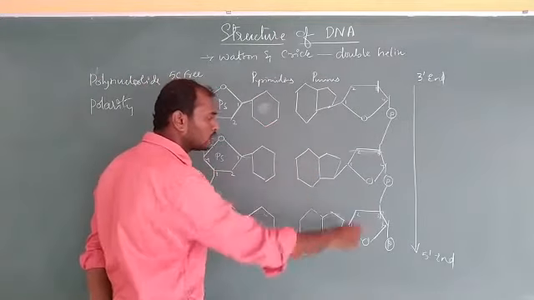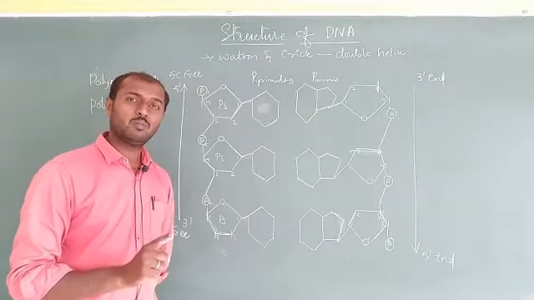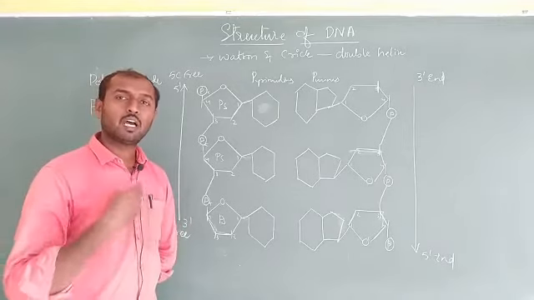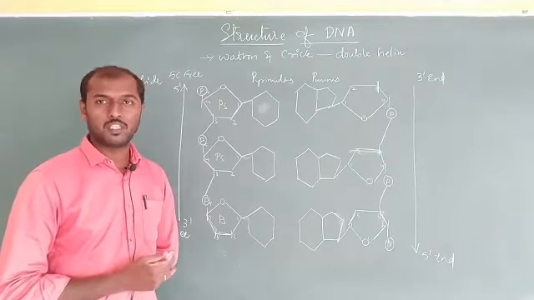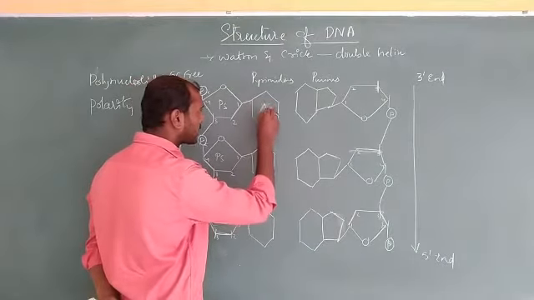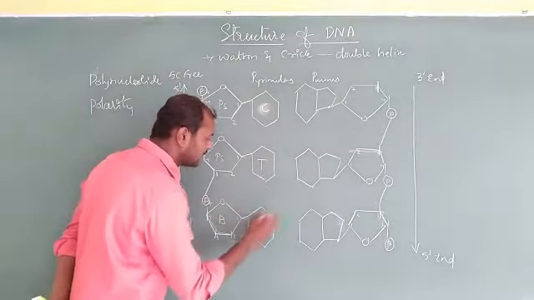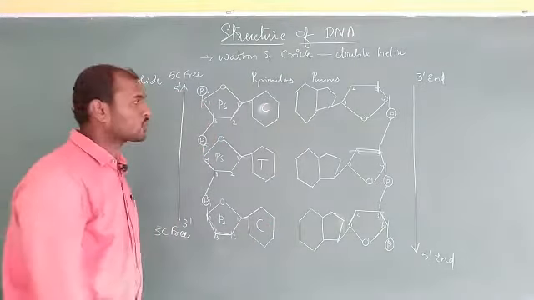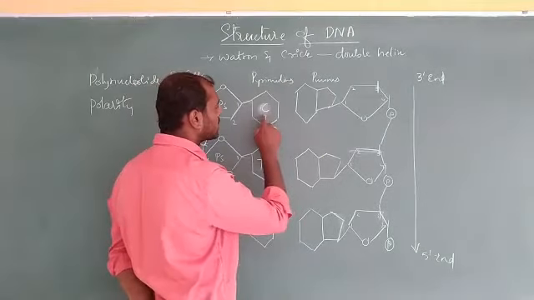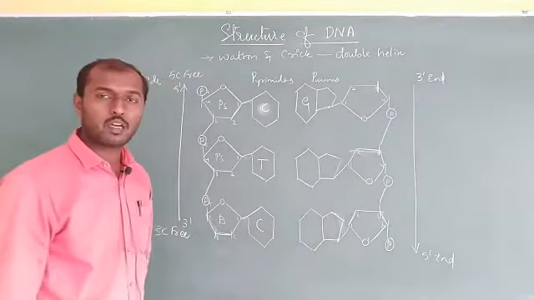Please remember, the complementary base is always available at the other side of the strand of the DNA. Just consider if there is a C, T, C here, so all are pyrimidines. On this side, C is going to bind with G. Adenine and guanine are the pyrimidines, sorry, purines.